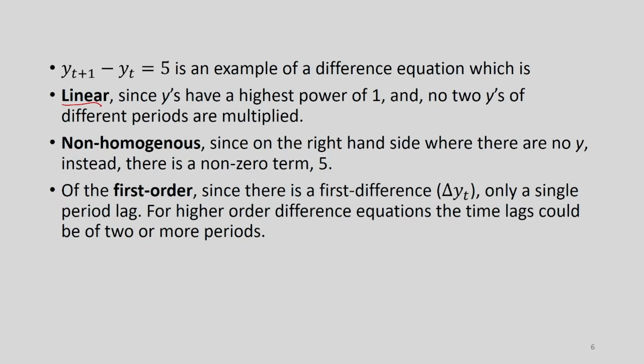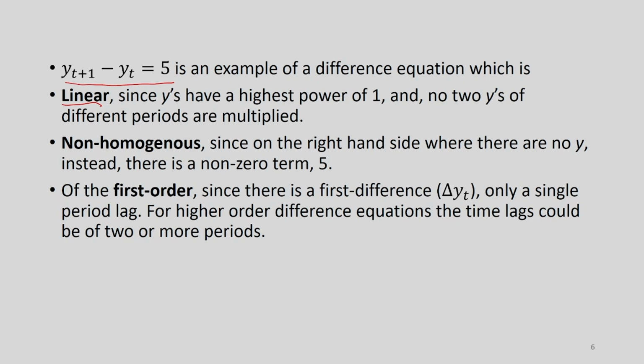So, the only power of y that is there is 1, and one can say that the power 0 is also there because y to the power 0 is 1. So, this is the reason why we are saying it is a linear equation, and also it is the case that if we take the y's of two different periods, then they are not multiplied together. So, these conditions are being satisfied here, and so we are calling it a linear difference equation.